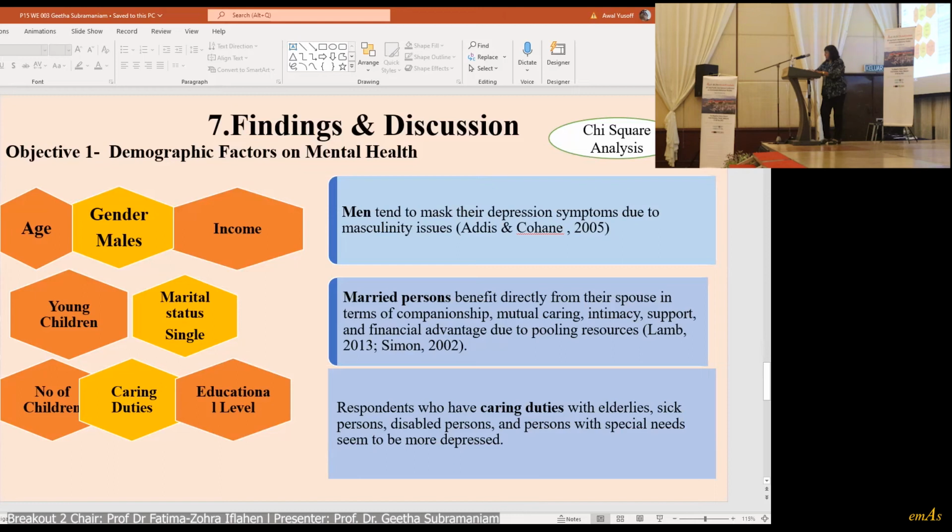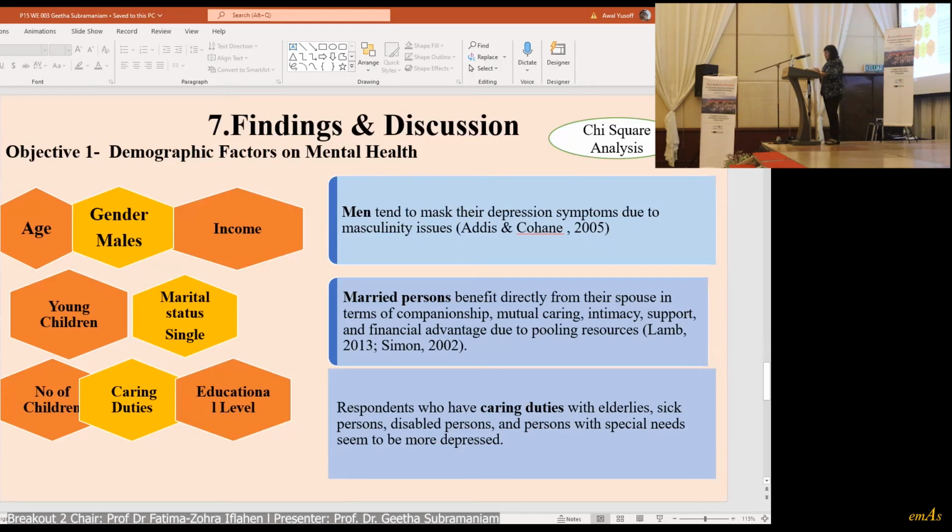In fact, I was myself surprised with the first finding, that there was a positive relationship between males and mental health. So later I tried to read to find out why and how.